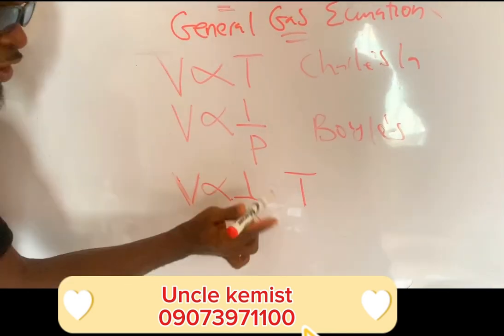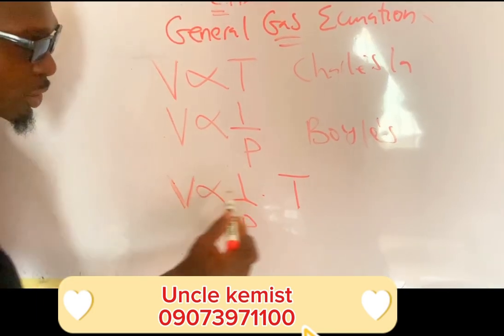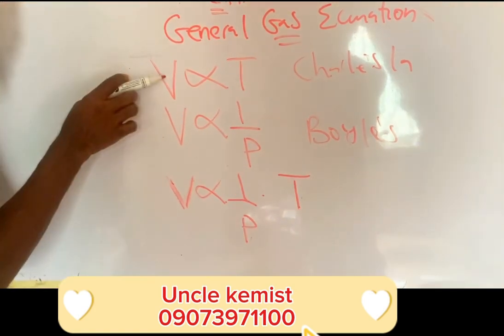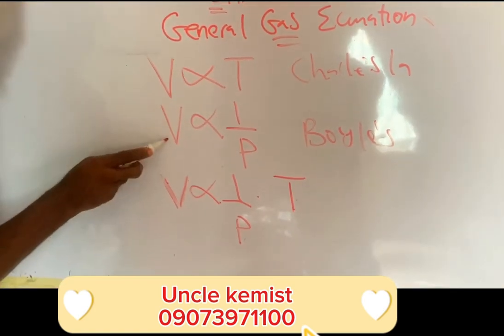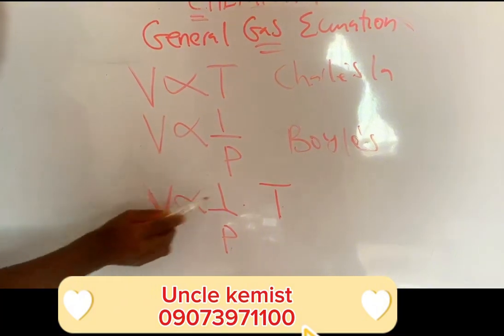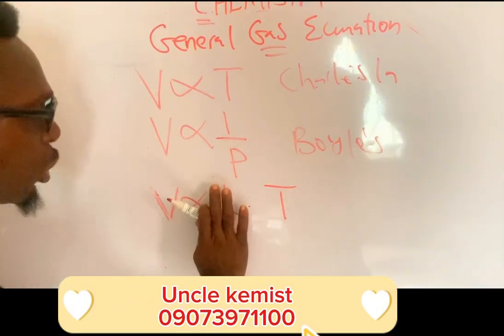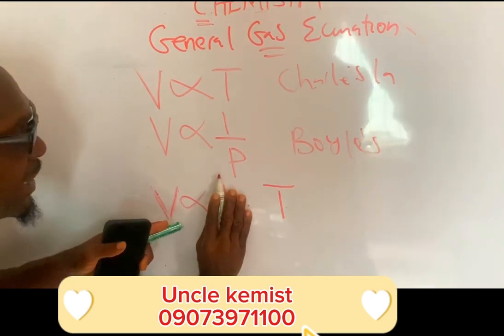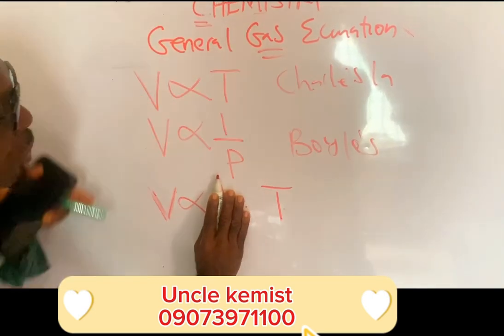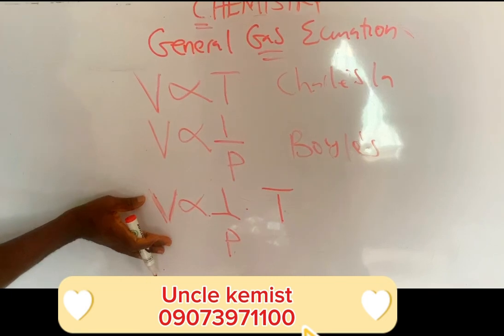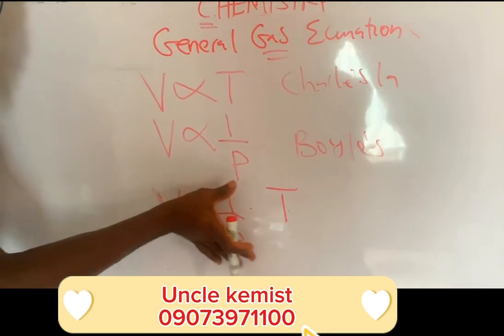This part is for Boyle's law, and this part is for Charles' law. Remember, Charles' law is directly proportional, Boyle's law is inversely proportional. So we used our volume to connect Boyle's law and Charles' law.